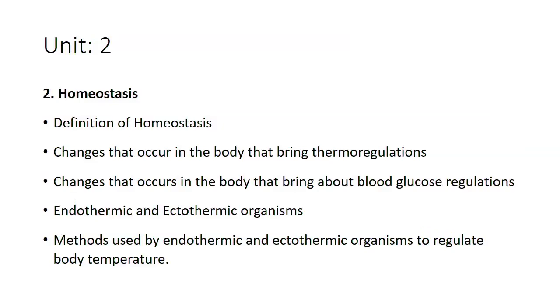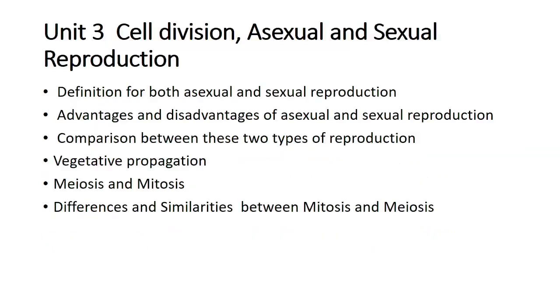Now, the ectothermic organisms do not produce enough metabolic heat. That's why they rely on the external environment. In comparison, endothermic organisms do produce enough heat, from muscle contraction as well as from the heat energy from the food they take in.